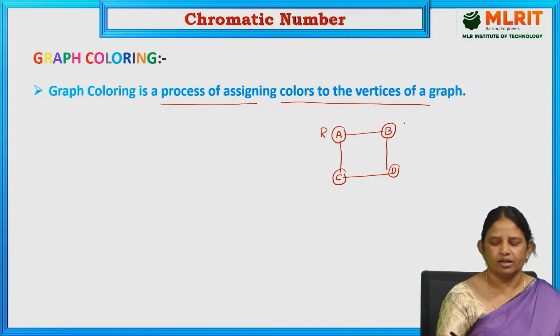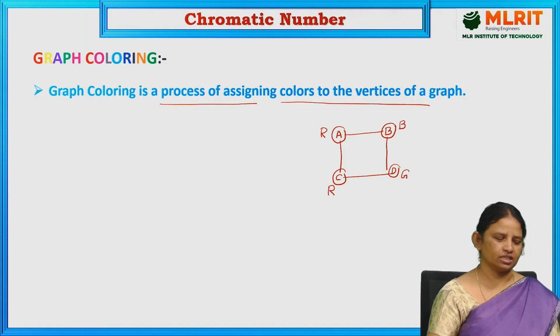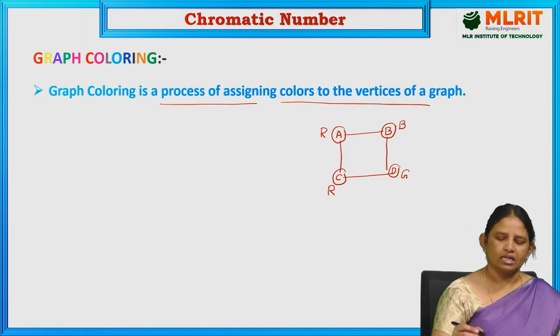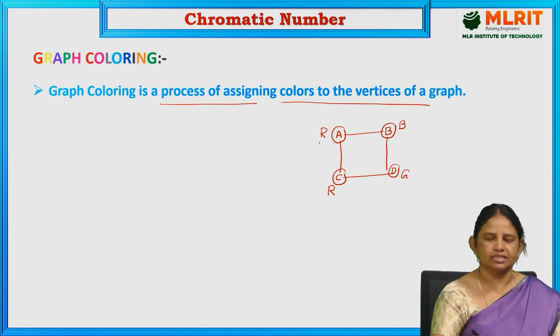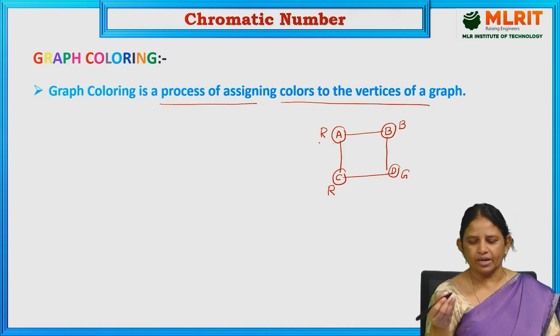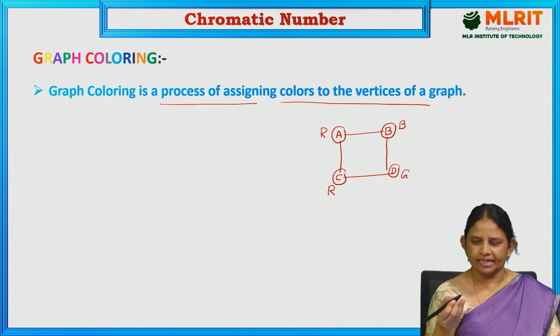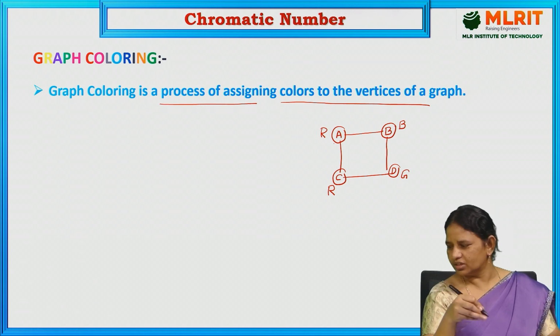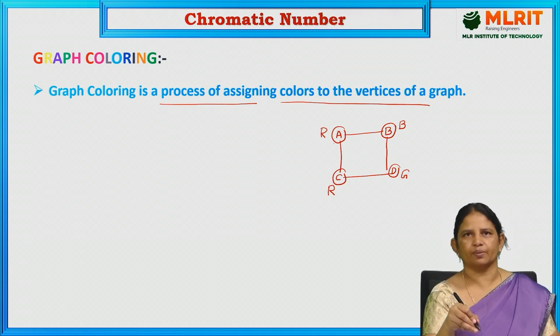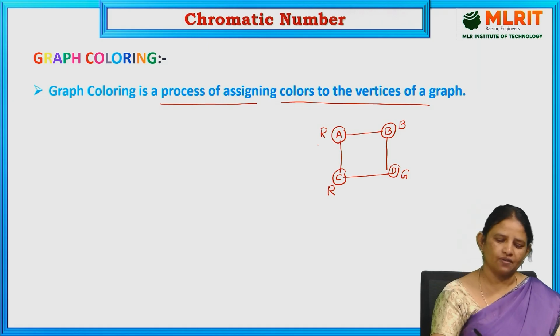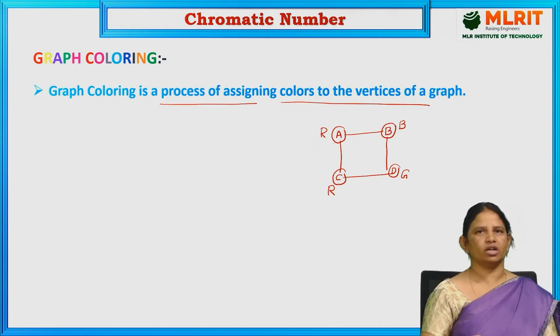Red color for A, blue color for B, green color for D, again red color for C. A is colored with red, B is colored with blue, C is colored with red, again D is colored with green. So this is nothing but graph coloring.